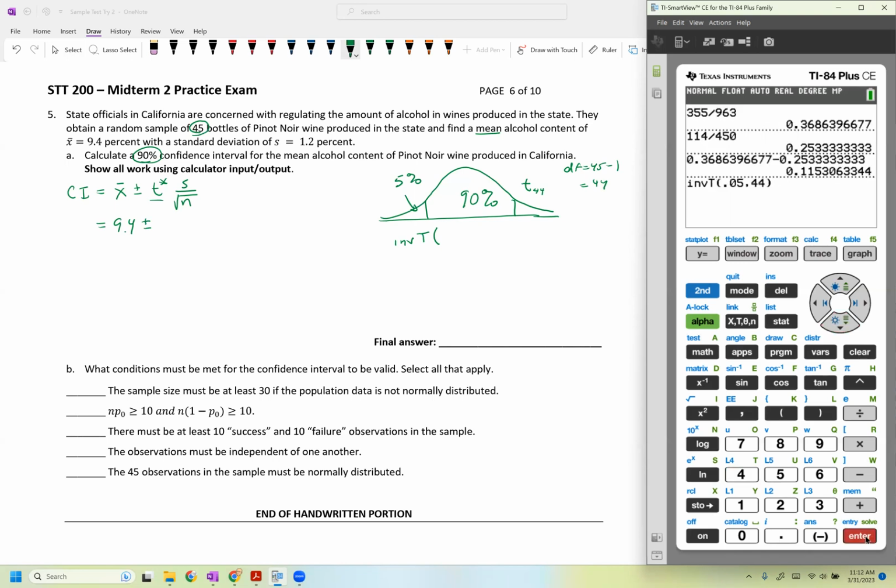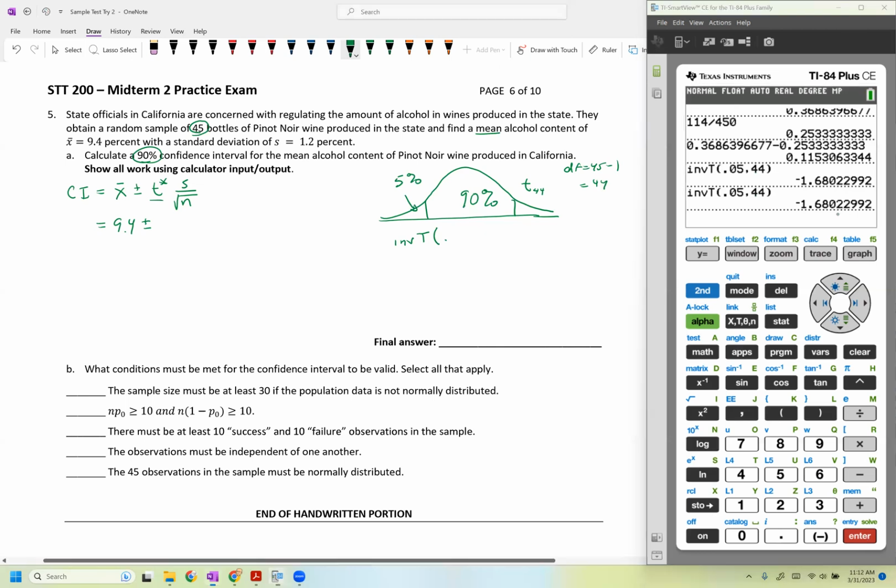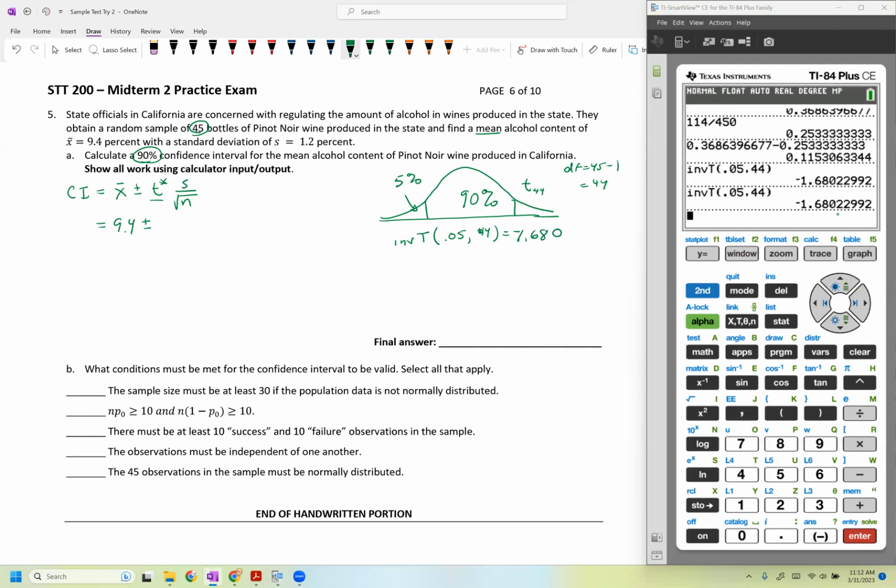And that's going to tell us that the T star value is 1.680. Again, the standard deviation is 1.2%, and our sample size was 45, so the square root of 45.